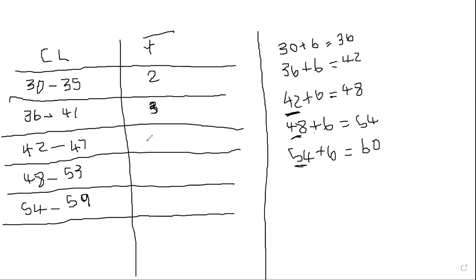Okay, and then the values which fall within 42 and 47, having 45 on the first row. Second row, I'm having 42.